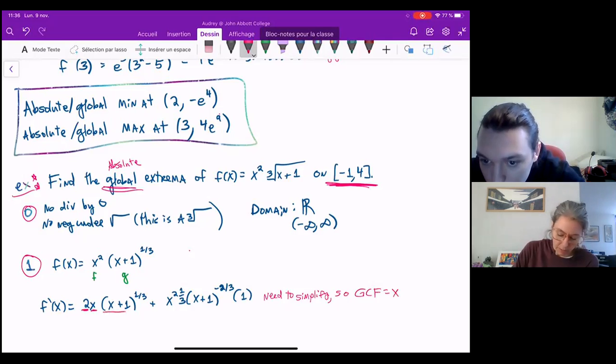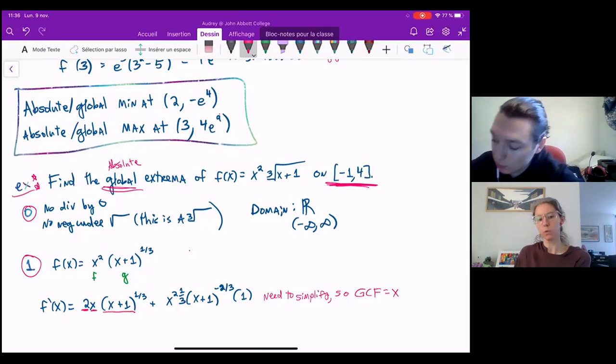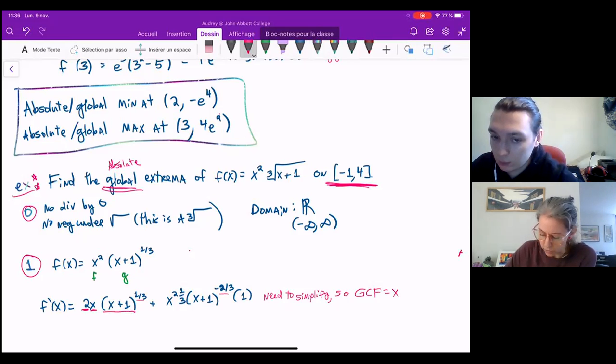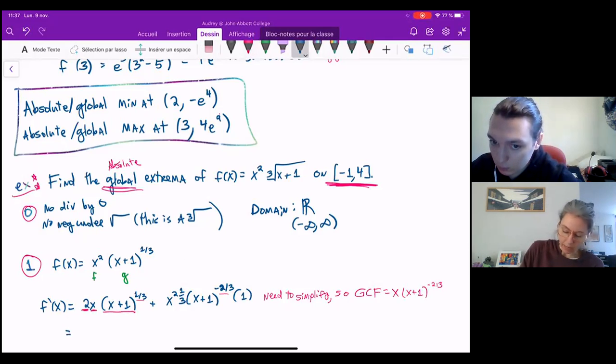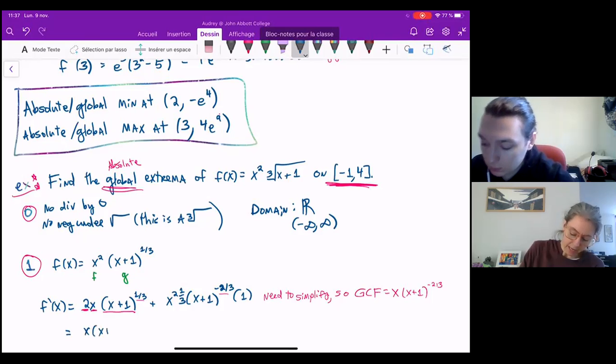Then I move on. I have x plus 1s on the left side. Do I also have x plus 1s on the right side? Yep. Which has the lower power, 1/3 or negative 2/3? Negative 2/3. So that's what I take out, the x plus 1 to the negative 2/3. Good. So now I'm going to factor that out. I'm going to have x times x plus 1 to the negative 2/3.